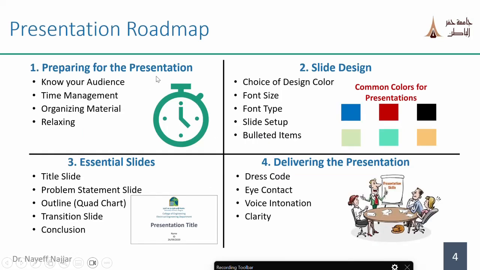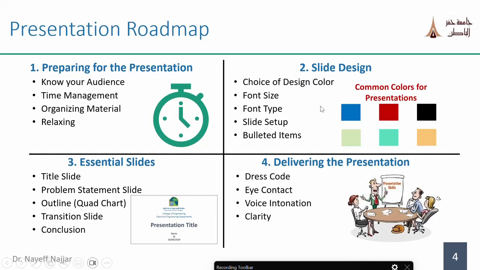In the workshop, I'm going to present some standards for preparing the presentation. Of course, time management is maybe one of the basic concepts that you need to consider.